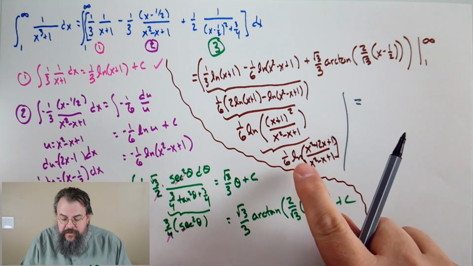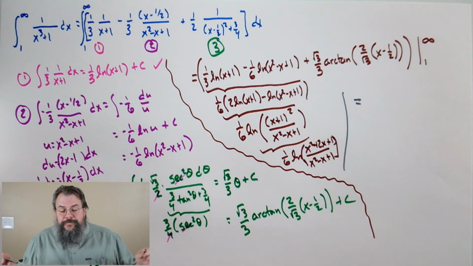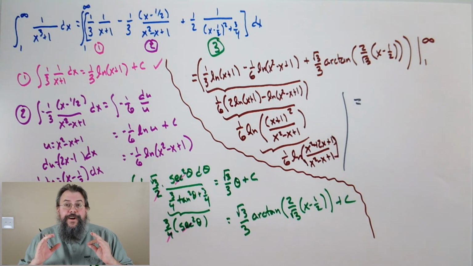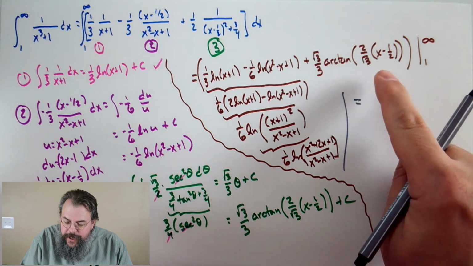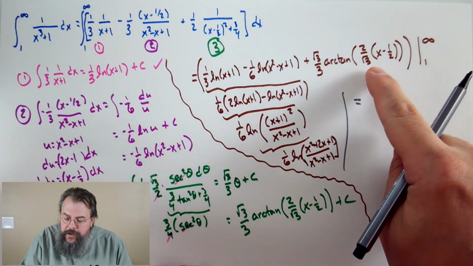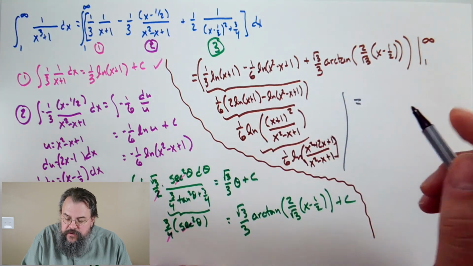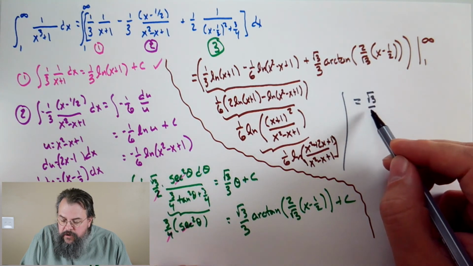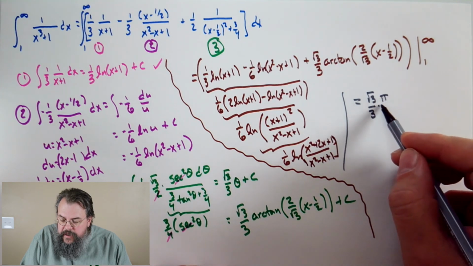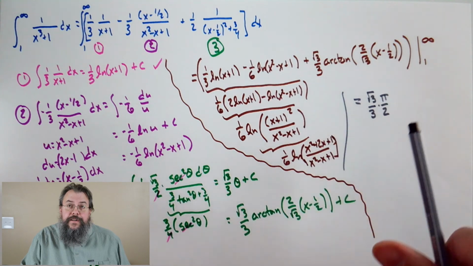So we get 1/6 log of 1, which is 0. So the log terms are gone. Nice. Now what happens here? Well, this is getting large, we've talked about before, so this is going to pi over 2. So we get square root of 3 over 3 times pi over 2. So that's when we plug in infinity.